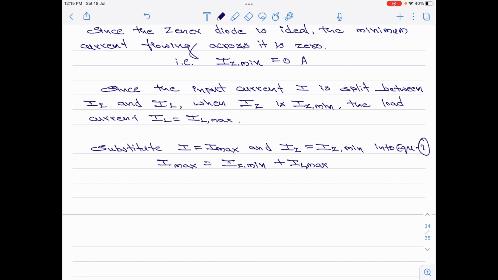The value of I maximum we just computed and is equal to 33.33 milli. The value of IZ minimum is 0 because we have assumed the diode is ideal, and the value of IL max is what we are trying to find out. So, the value of IL maximum is equal to the value of I maximum, which is 33.33 milliamperes.